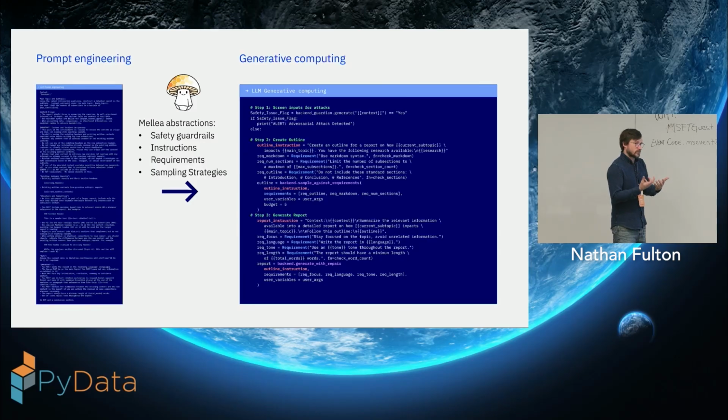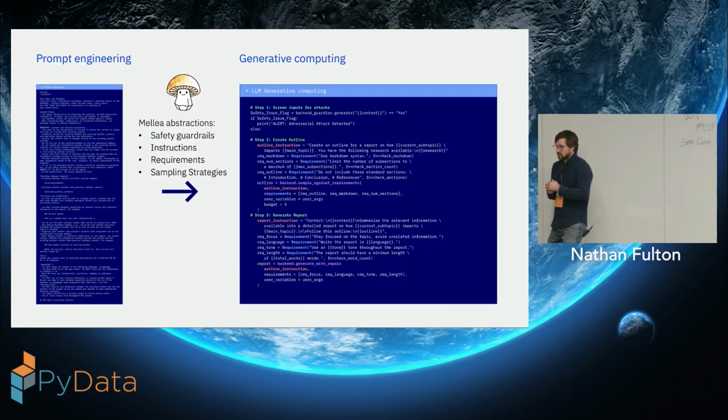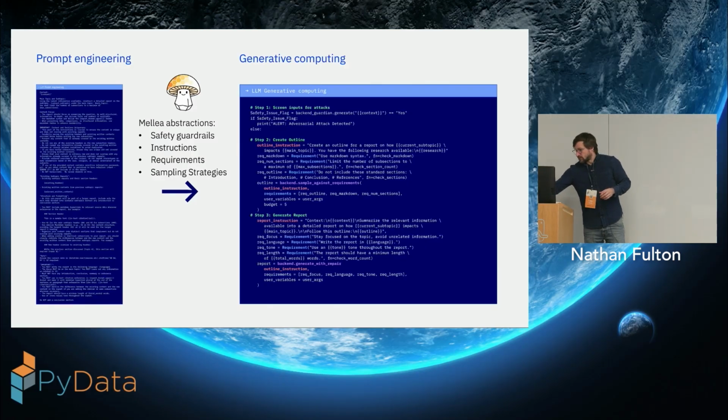You're circumscribing those instructions with various precondition and postcondition checks, and you're using sampling strategies to ensure that those requirements are satisfied. Because of this, you can build abstraction boundaries around places that you're using your LLM, and that gives you a mechanism for more safely composing pieces of a system.